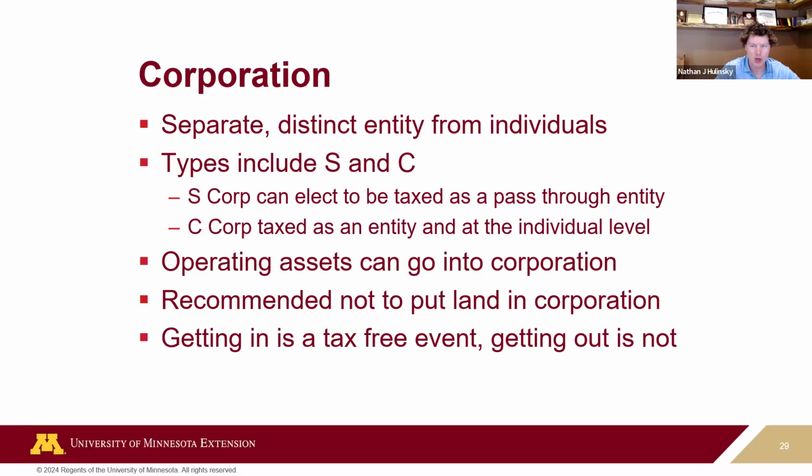So in a C corporation, there is a little bit of double taxation. Typically not a huge issue, because there's also additional tax deductions that we can take into account.